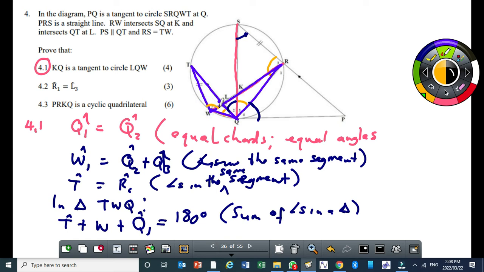So this whole angle here is equal to that. It makes sense.